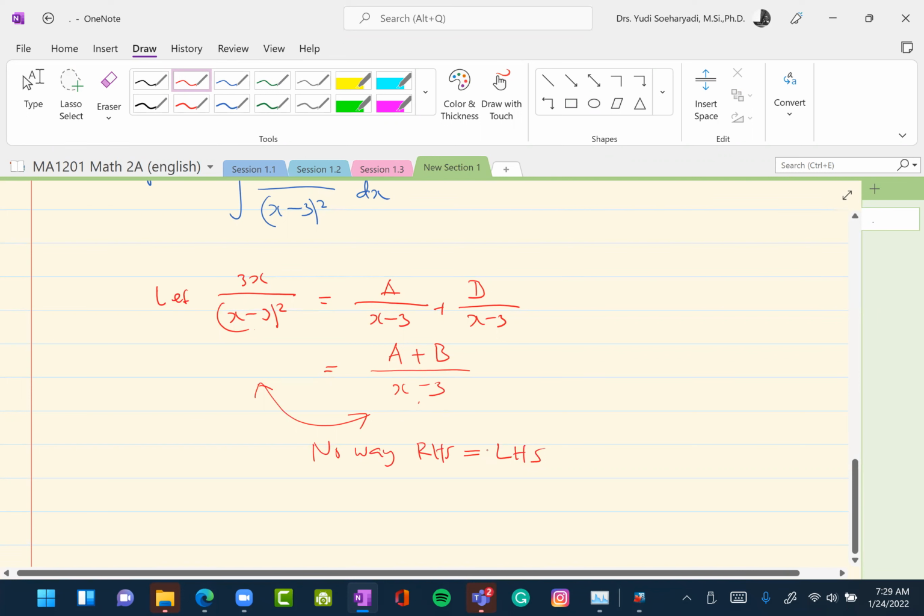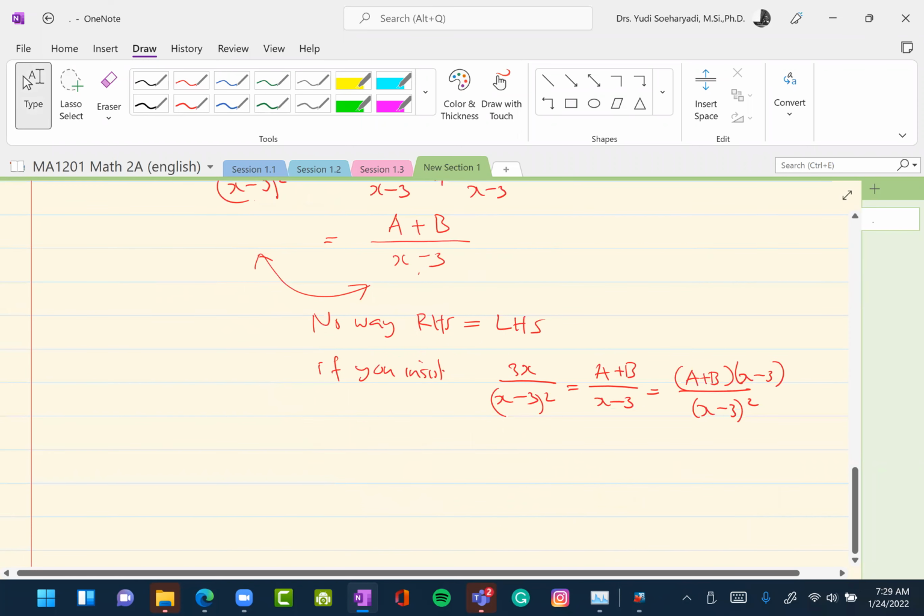And if you insist, and you get something like this, then of course you can make it square, but you multiply this out with x minus 3.